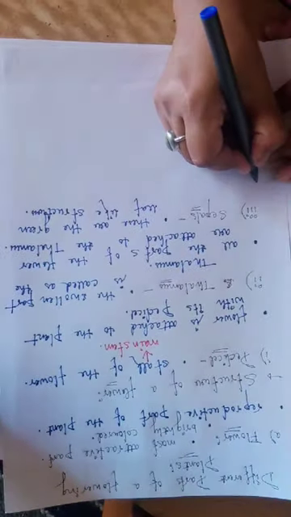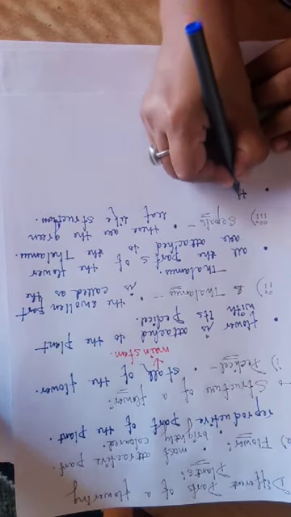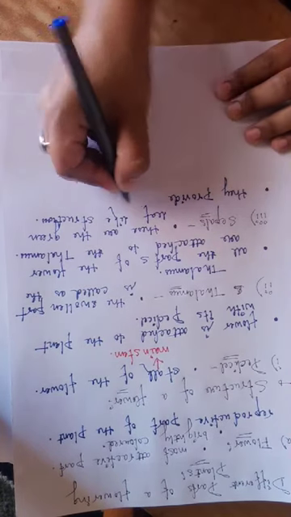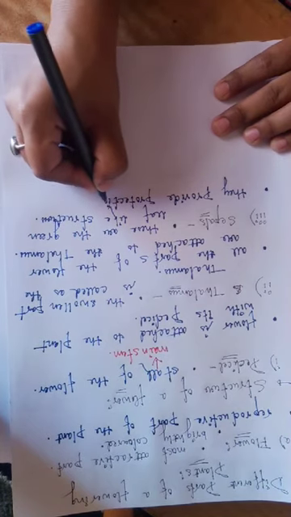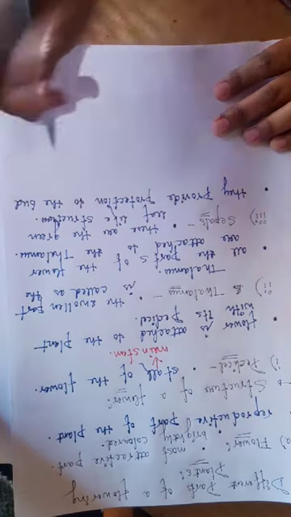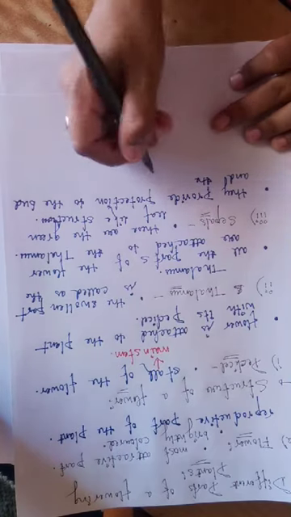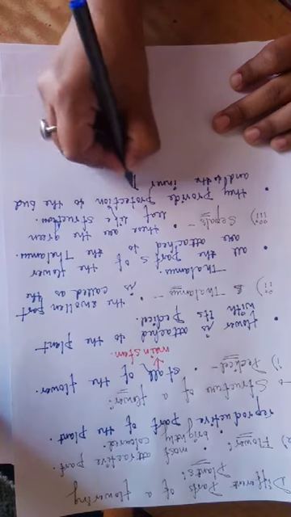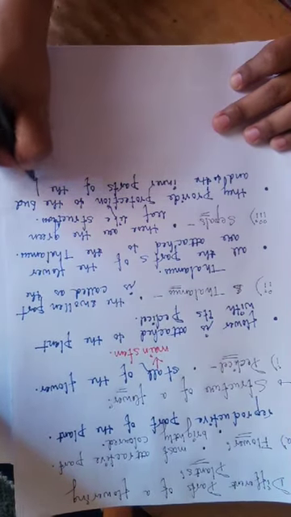And number 2, when our flower is a bud, they provide protection to the bud and to the inner parts of the flower.